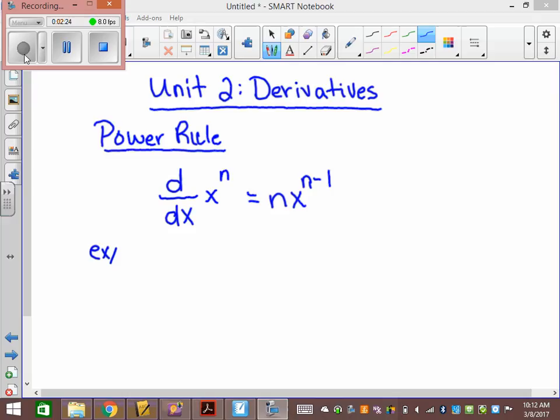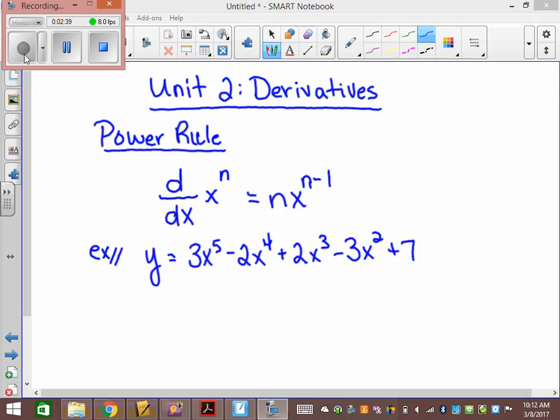Okay, if I give you y equals 3x to the 5 minus 2x to the 4 plus 2x to the 3 minus 3x squared plus 7. Imagine me giving this to you on the test and then saying, find y prime. Find y prime means the first derivative.